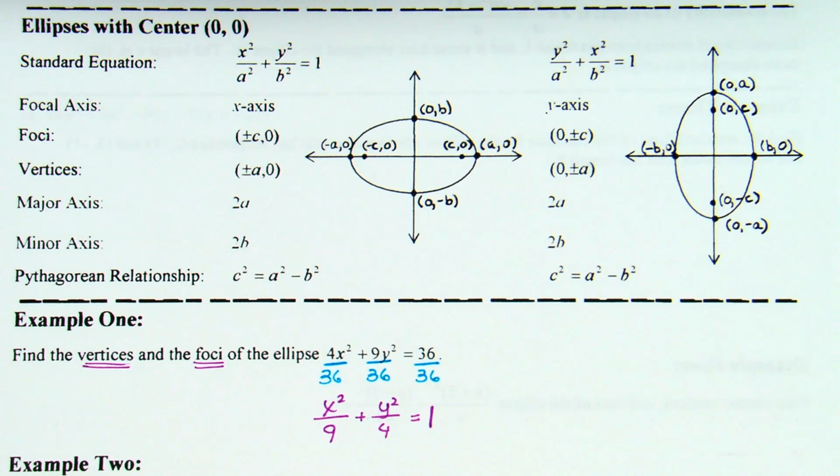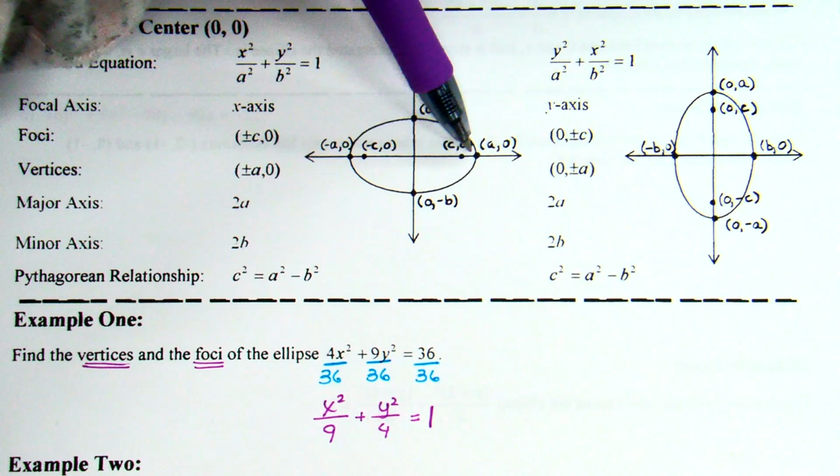Now we need to decide, is this a left column or right column ellipse? And the question is, how do we decide that? If you look up in your pictures about A versus B, notice A is always on the major axis, yes?